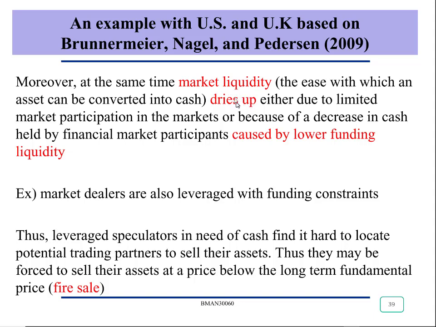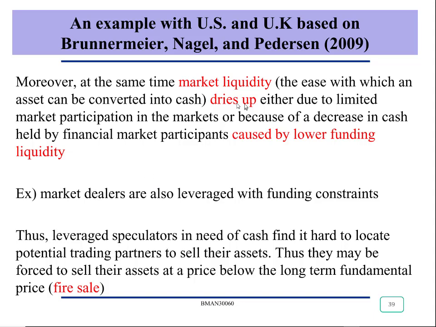What is the market liquidity? It's about how easily assets can be converted into cash. How easily you can sell your asset. So when they try to meet their margin call by selling their asset, fire sale, even if it's not easy to sell it, they need to sell their asset with even bigger loss.